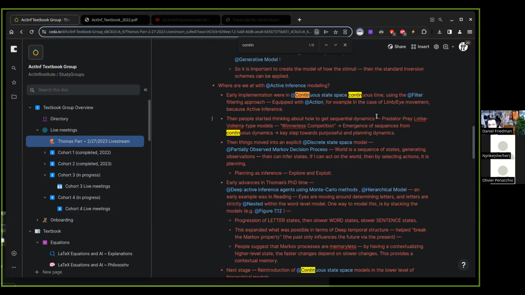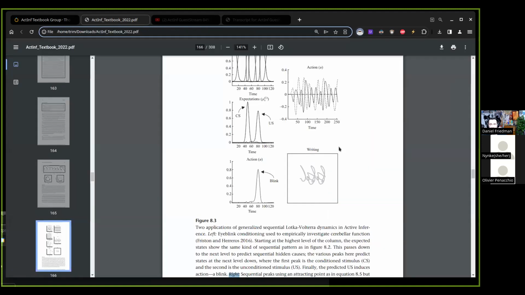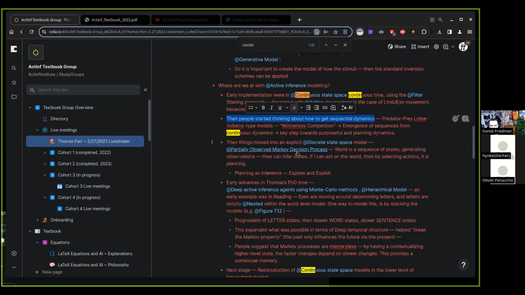People started wanting to get sequential dynamics, so they developed the kind of model that we're going to see right here. Like here, this is sequential writing dynamics. Clearly, there's a repetitive motif that's being repeated sequentially.